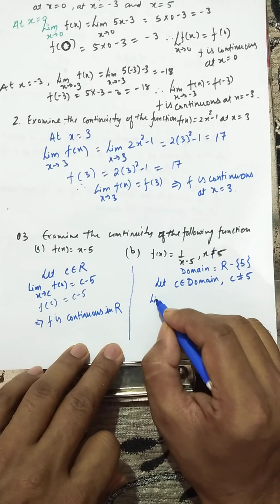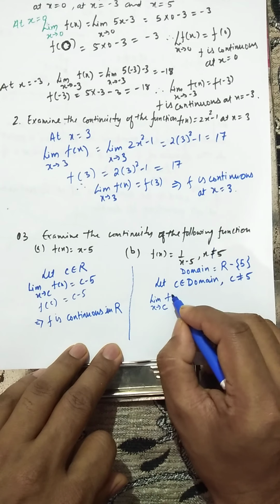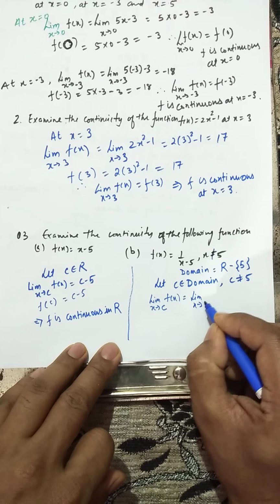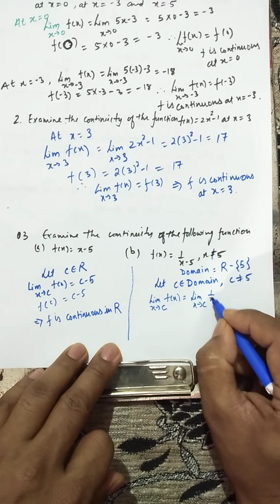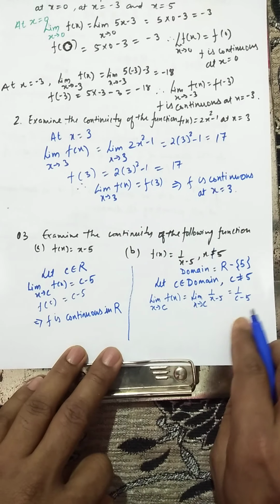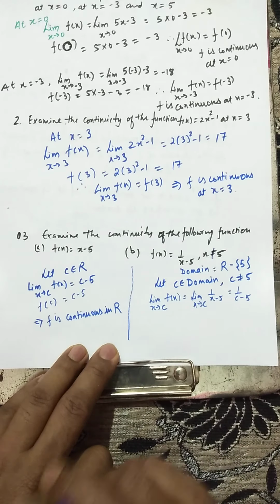So we'll find the limit x tends to C of f(x). This becomes limit x tends to C of 1 upon x minus 5, which becomes 1 upon C minus 5. Remember, this is a defined function because C is not equal to 5.